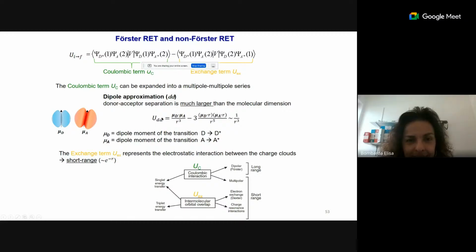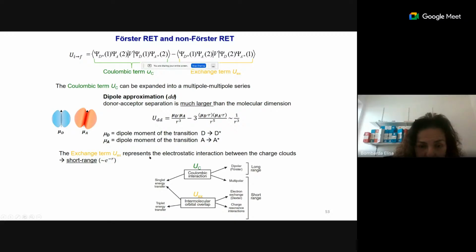So in the dipole approximation, when the donor acceptor separation is much larger than the molecular dimension, the dipole potential we can simplify to this cubic term. And voila.